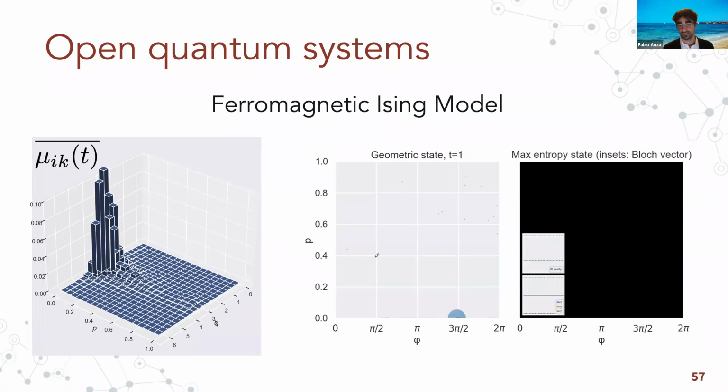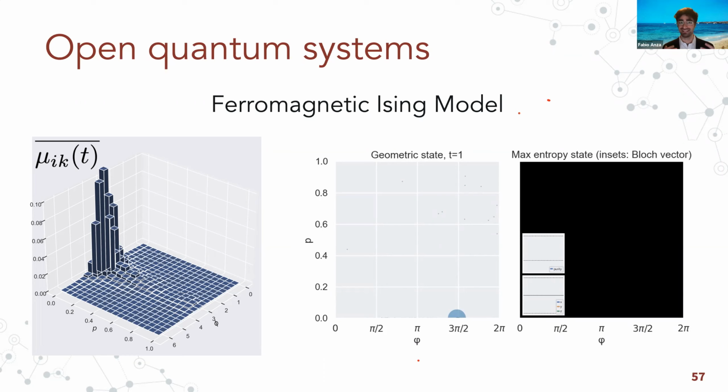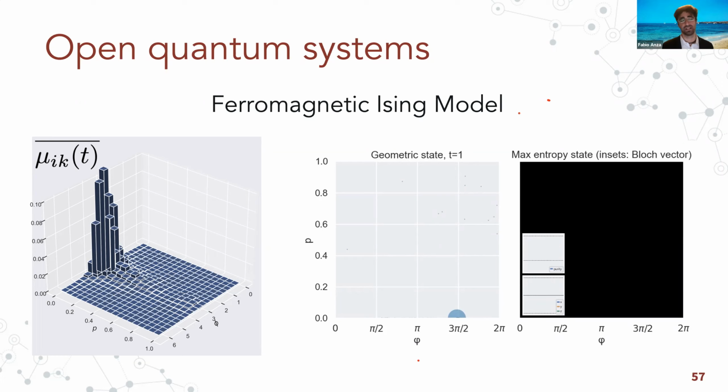This is another example in which the modeling was not done analytically, but it was done to perform numerical analysis on it. It's a ferromagnetic Ising model.